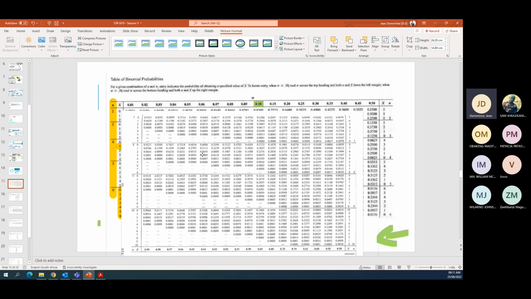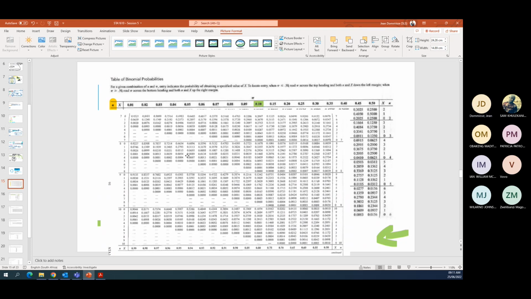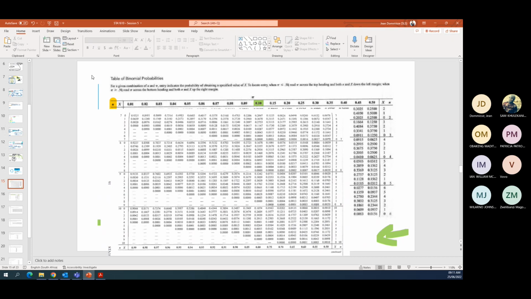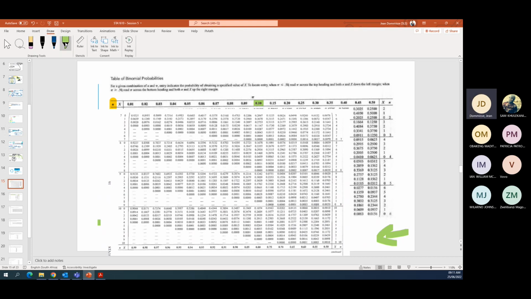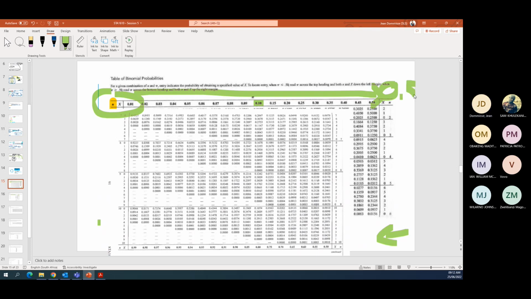How it works is that you start off here with 0.01. It goes all the way up to 0.5. And then on this side, it starts at 0.5 and runs all the way up to 1.